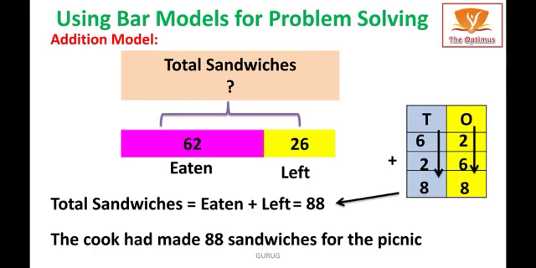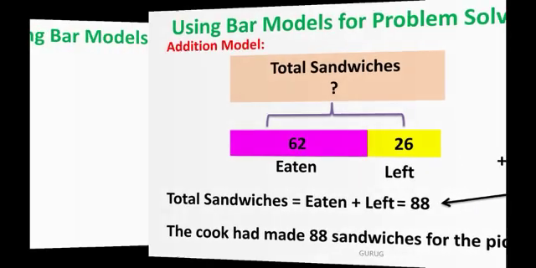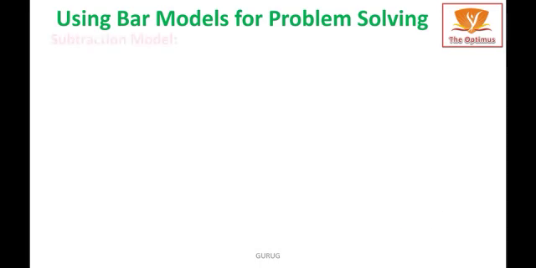Next, using bar models for problem solving, subtraction model. Example, there are 45 flowers in all in a bouquet. 27 of these are roses. The rest are asters. How many asters are there in the bouquet? Dear kids, I am going to write in short form.